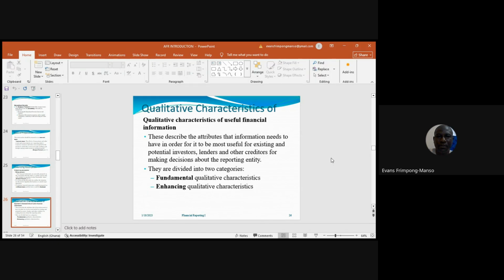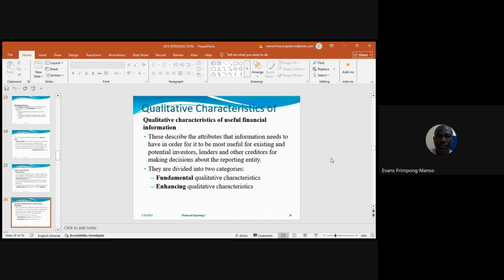The fundamental qualitative characteristics of accounting information are two. One is relevance, and the other is faithful representation.